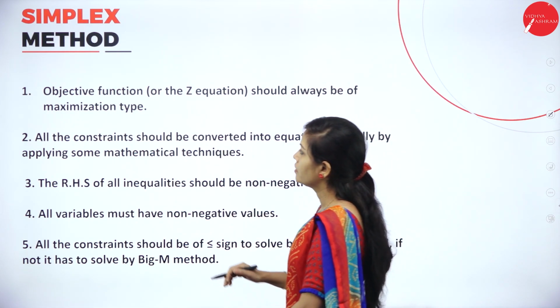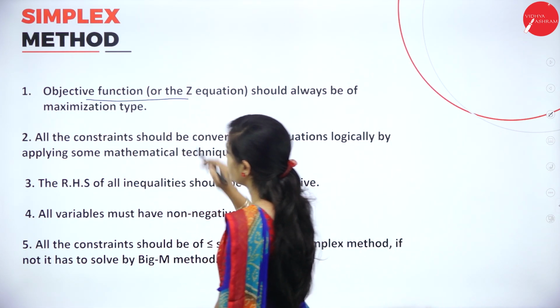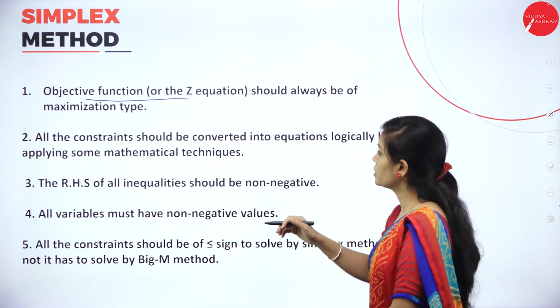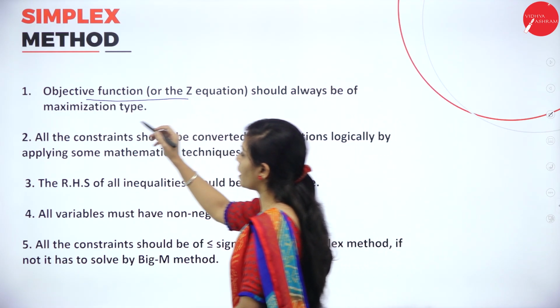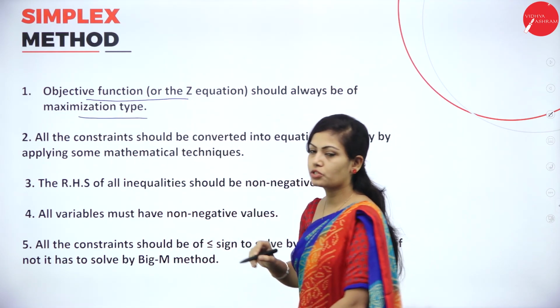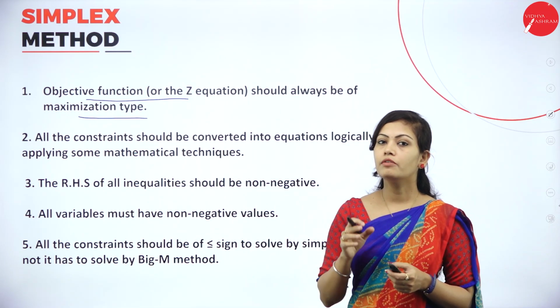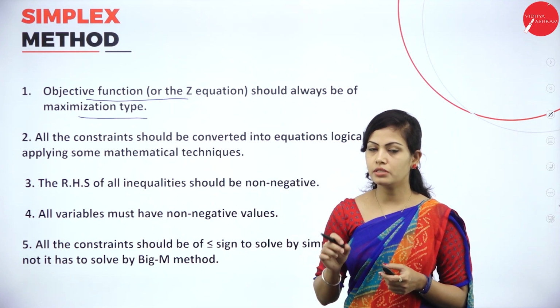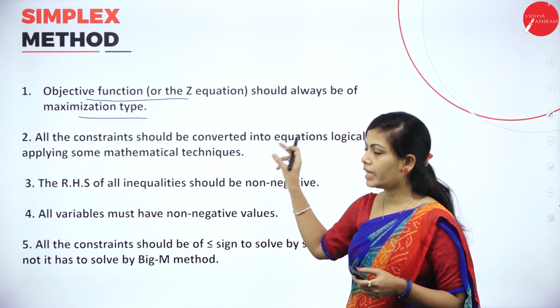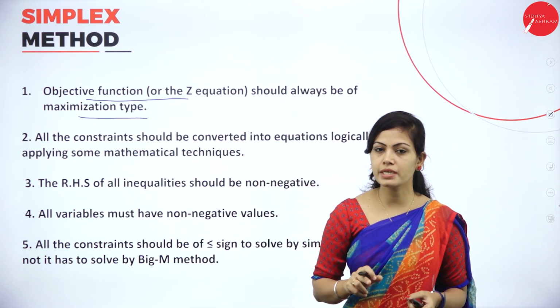Let us understand with an example. The objective function, or the Z equation, should always be maximization type. So in the simplex method, the objective function, that means the Z equation, should be maximization type.